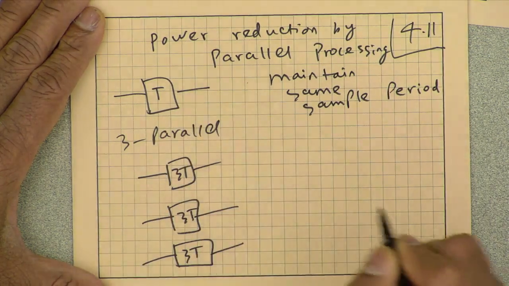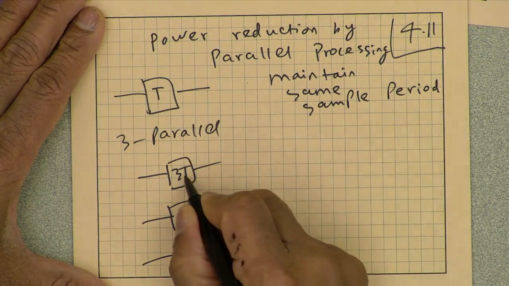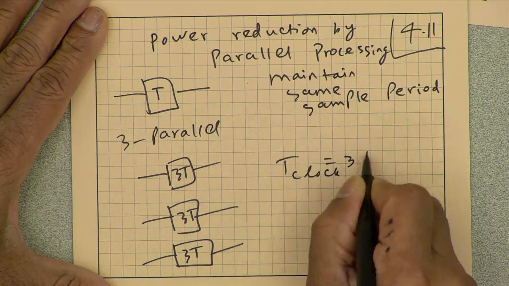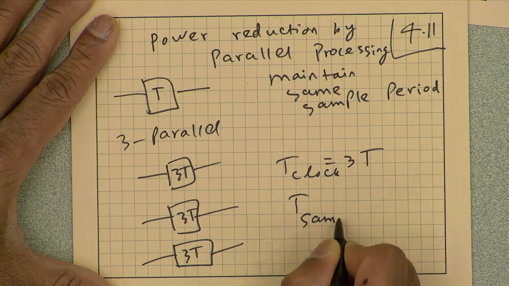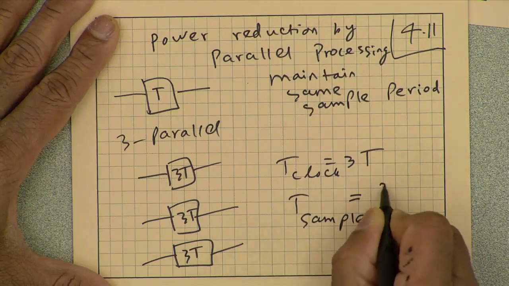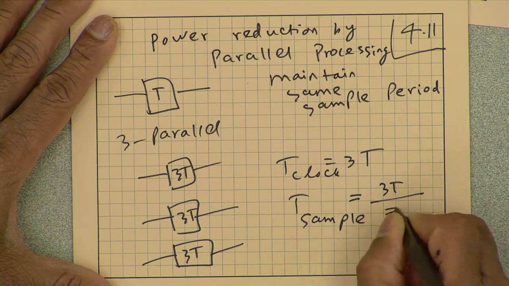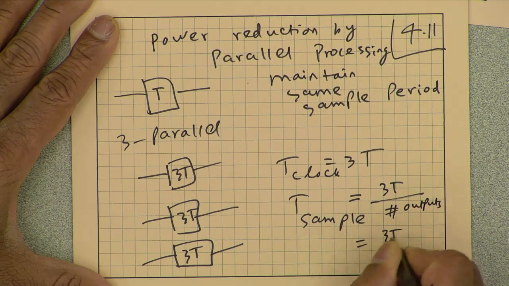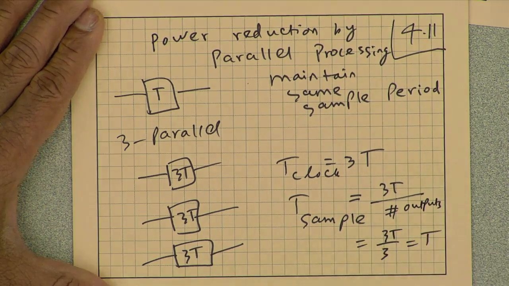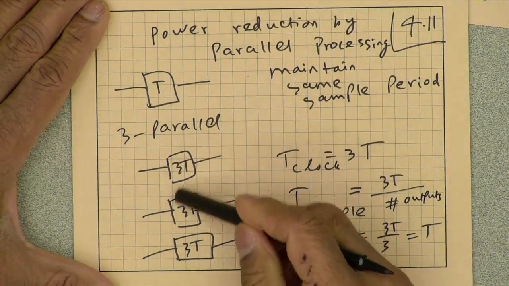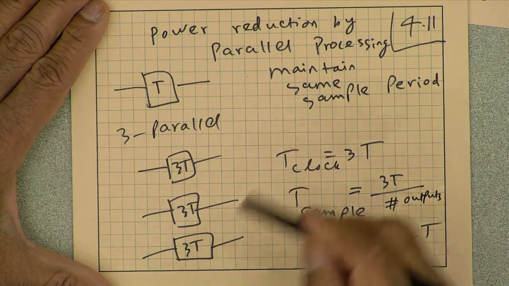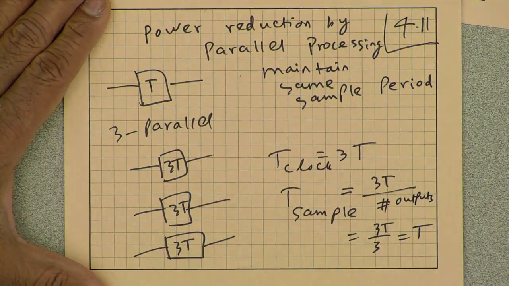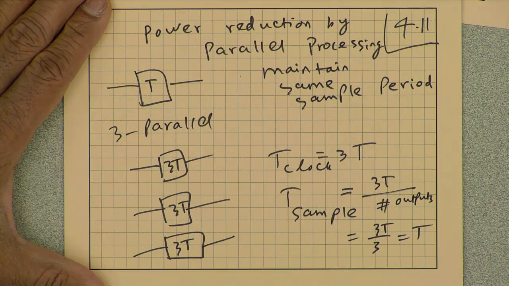So the sample period here is T. Now if I clock this at 3 times T, and in time 3T we are computing 3 outputs, that would be 3T by 3, which would be T. So if we have a 10 parallel filter and I want to maintain the same sample period T, then I can reduce the clock speed.